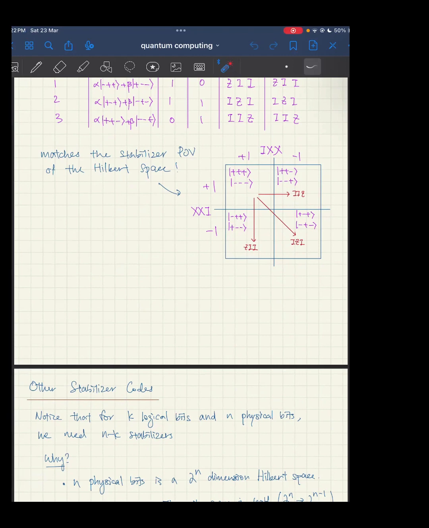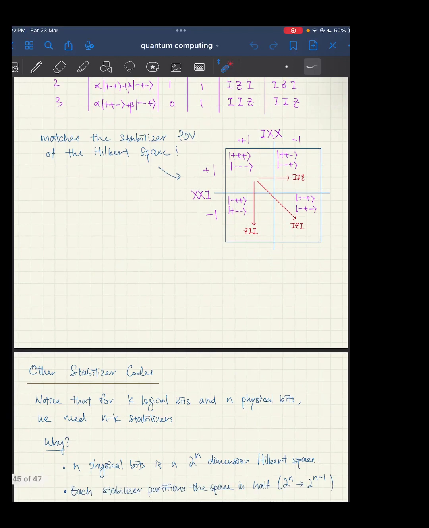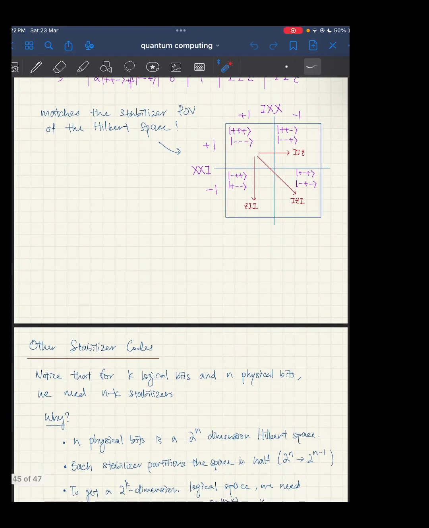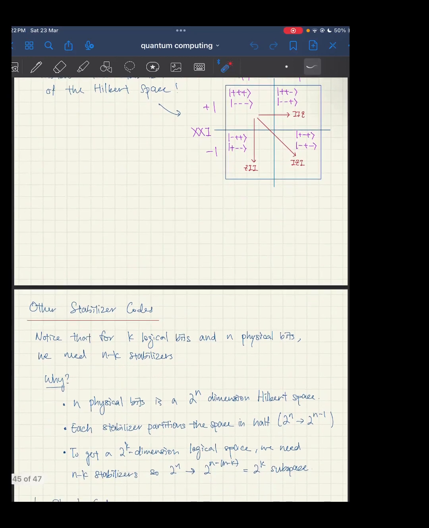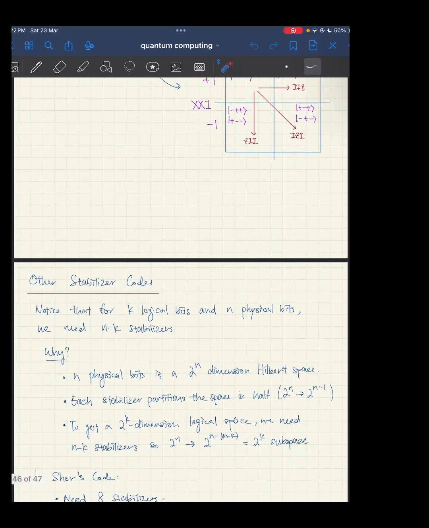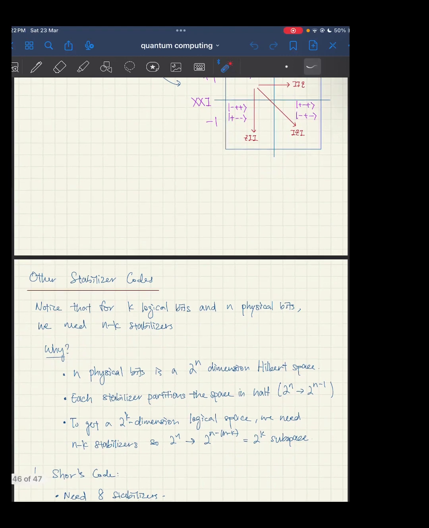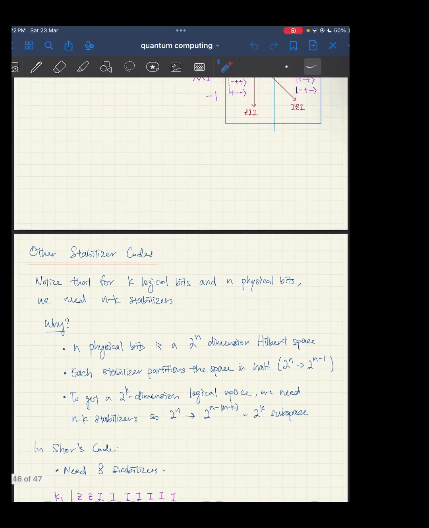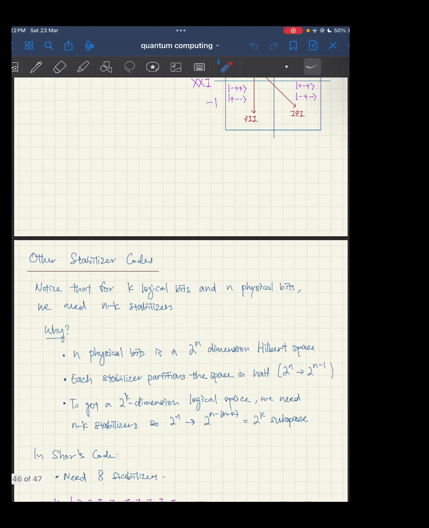All right. Lastly, we will want to talk about some other details about stabilizer codes. So notice that when we have k logical bits and n physical bits, we need n minus k stabilizers. So k logical bits is basically how many qubits we want to encode, right?